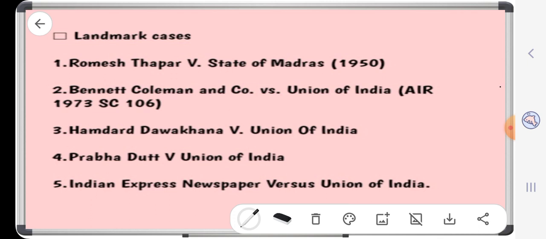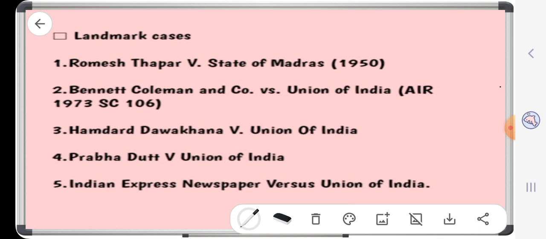And now we move on to the last case, that is the Indian Express newspaper versus Union of India case. So in this case, before a particular notification, newsprint enjoyed exemption from customs duty. The petitioners contested the imposition of import duty on newsprint as per the Customs Tariff Act 1975 and the additional duty under the Finance Act 1981.